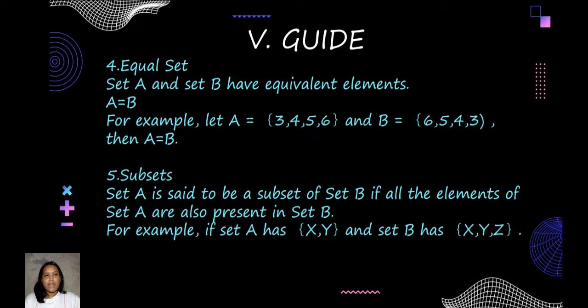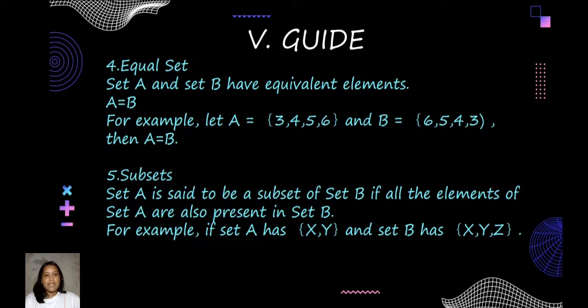Fourth, equal sets. If every element of set A is also an element of set B, and every element of set B is also an element of set A, then sets A and B are called equal sets.